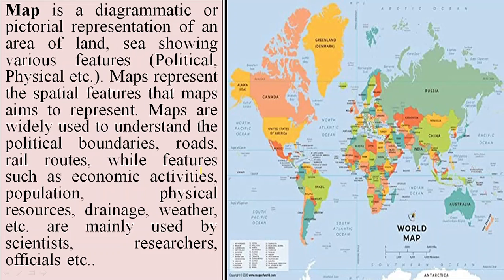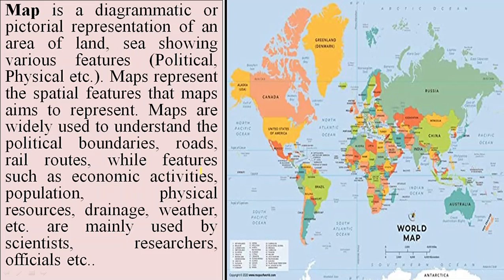There are many maps that contain information related to human geography also, like we have population maps, we have maps of soil types of a country or a region. Then we have maps that show the climate of that region. So maps help us understand the human geography and physical geography in a better way.